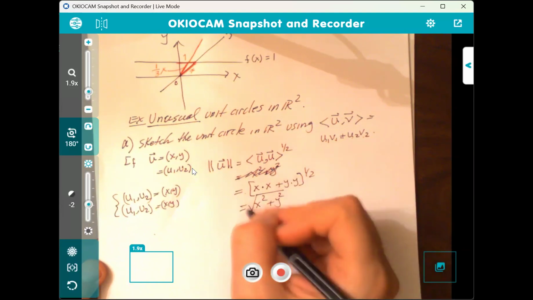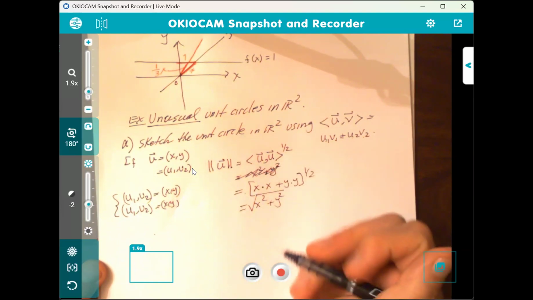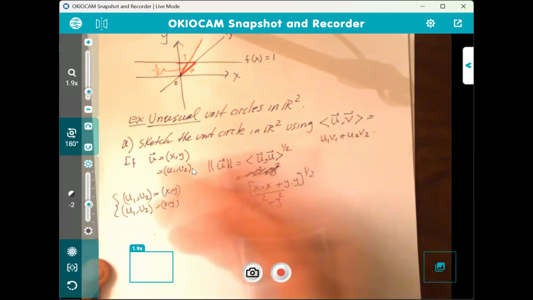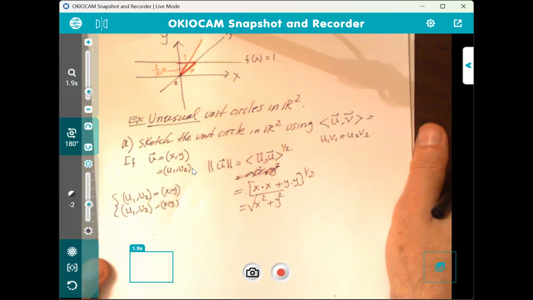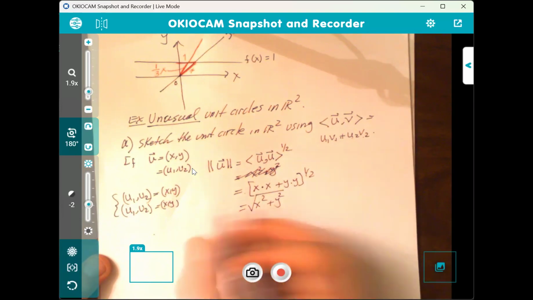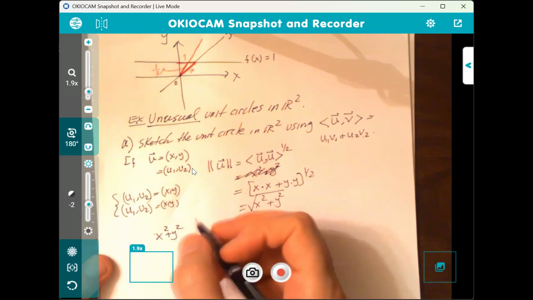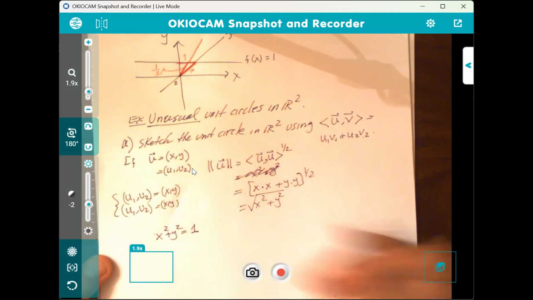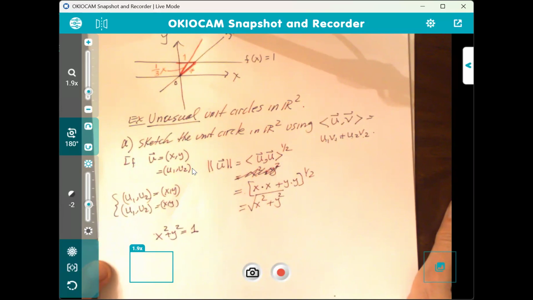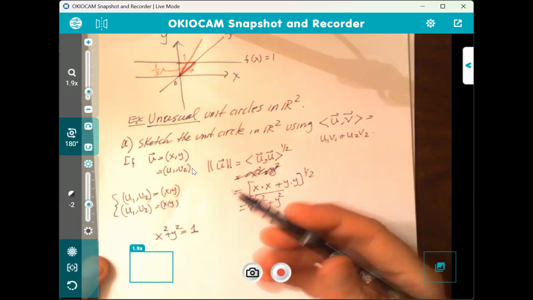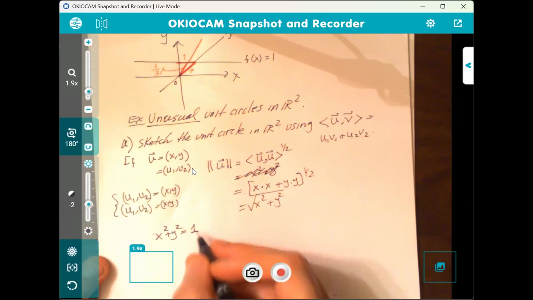So this is the magnitude of u. Now, for this one, if the magnitude is 1, then x squared plus y squared equals 1, right? And this is actually the equation of a unit circle, isn't it?